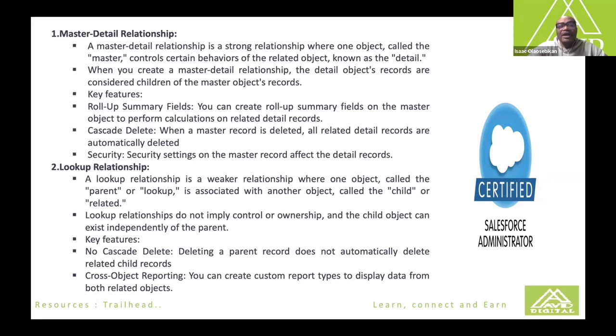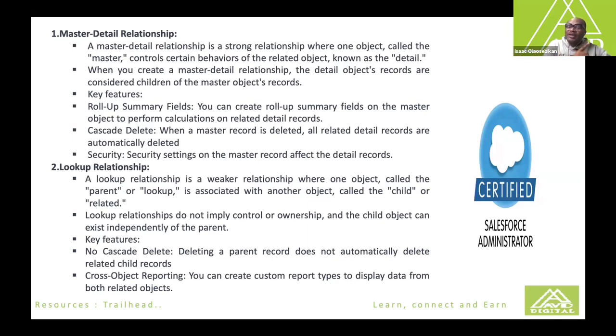That means the master controls certain behaviors of the related objects, known as the details. The related object you can call the detail object or child object in Salesforce. So when you create a master detail relationship between two objects, the detail object records are considered the children of the master object.